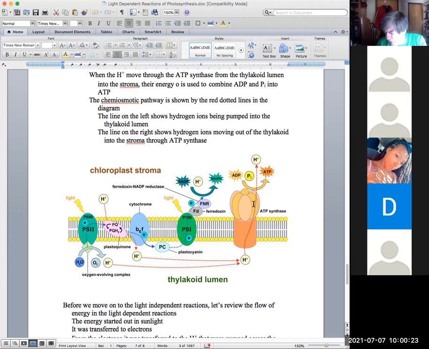This is where that molecule called ATP synthase comes in. ATP synthase, or it's sometimes called ATP synthetase, two names for the same thing, this will allow hydrogen to move back out to the stroma. So these dotted red lines show we've got hydrogen coming over here that got pumped in to the lumen. We've got hydrogen coming over here that came from the water that the oxygen evolving complex broke up. And this hydrogen is going to move through the middle of this ATP synthase molecule.